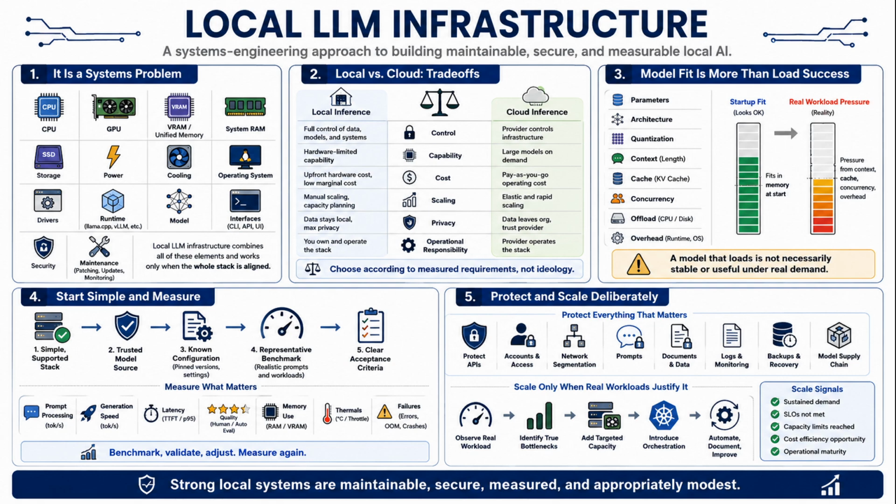Measure prompt processing, generation, latency, quality, memory, thermals, and failures. Protect APIs, accounts, networks, prompts, documents, logs, backups, and model supply chains. Scale only when a real workload justifies more hardware or orchestration. Strong local systems are maintainable, secure, measured, and appropriately modest.